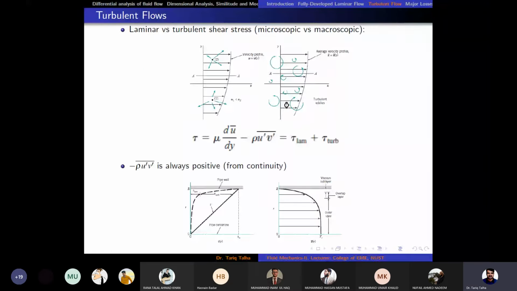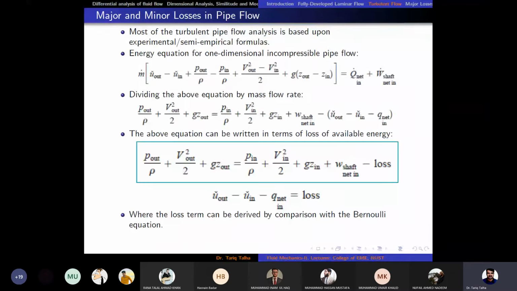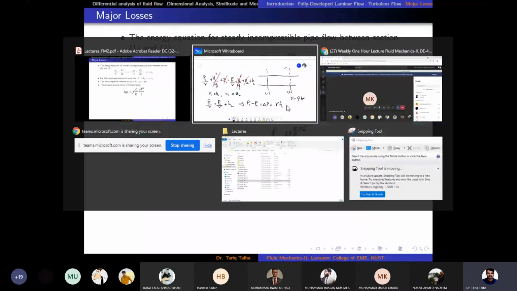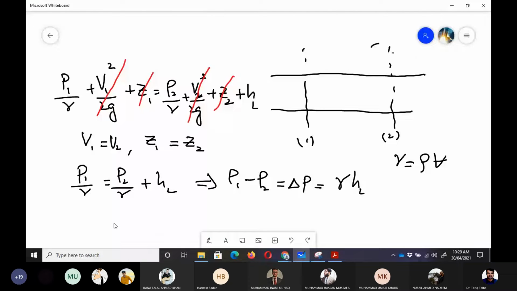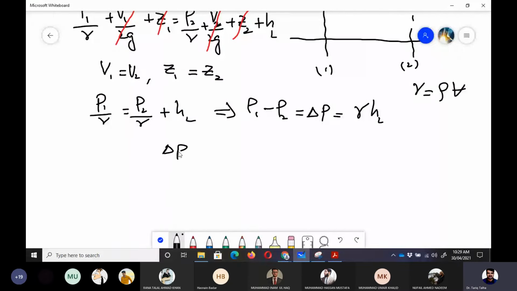Now let me take you back to this current slide. We are going to do it on the whiteboard. So let me write that delta P is equal to F, length upon diameter, into rho V square upon 2.